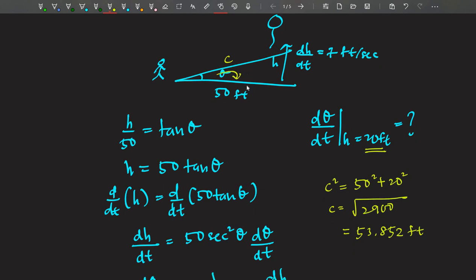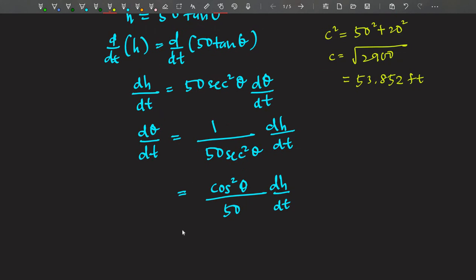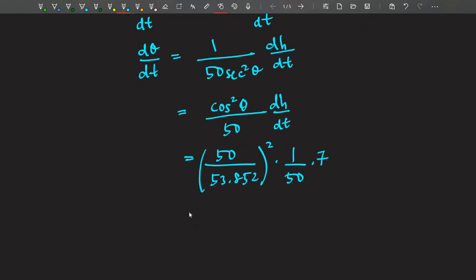Cos theta squared is 50 over 53.852, and because this one is squared, the value needs to be squared. Multiply again by 1 over 50, and dH over dt is 7. Calculate them all together.